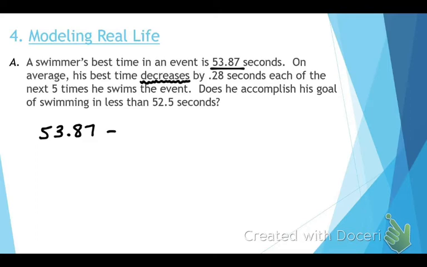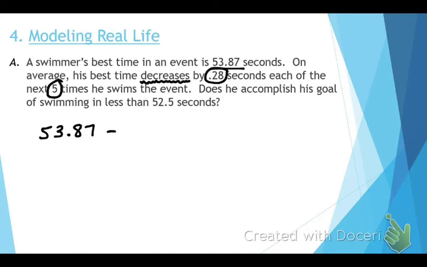Now I want you to read the rest of the problem to see if you think you could figure out what you need to do. That is correct. We're going to multiply 0.28 seconds, so just go ahead and circle it, by 5. Here's why. It says every single time that he is swimming it, his time's going down by 0.28 seconds. He doesn't only swim it one time, he swims it how many times? 5 times.